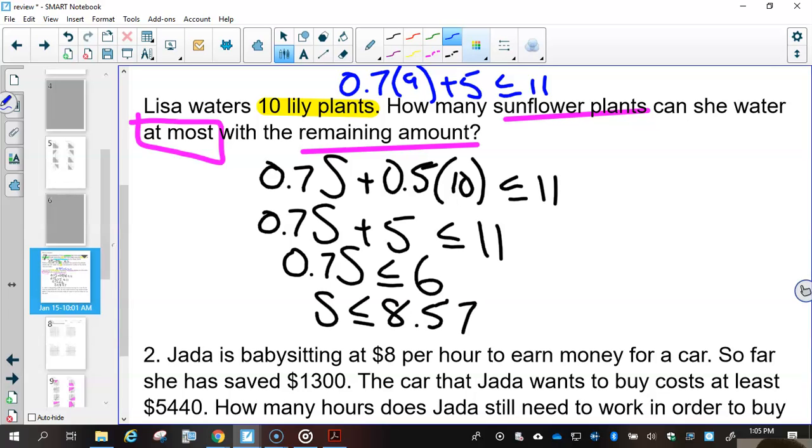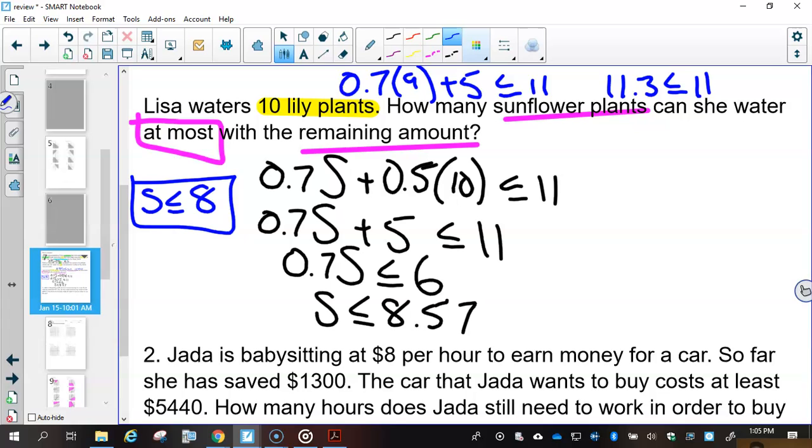Is that less than or equal to 11? It's 11.3. It's over. So we can't round up, we have to round down. So S is less than or equal to 8. You can't round up to 9, so you have to round down.